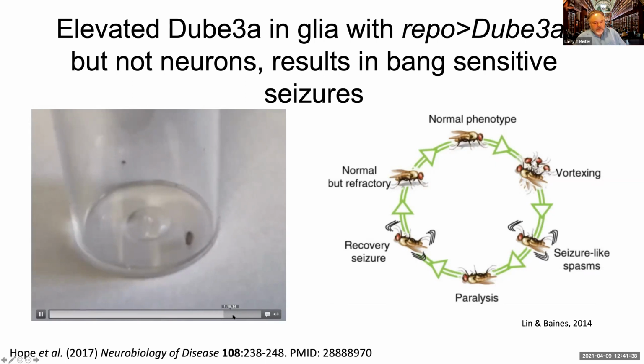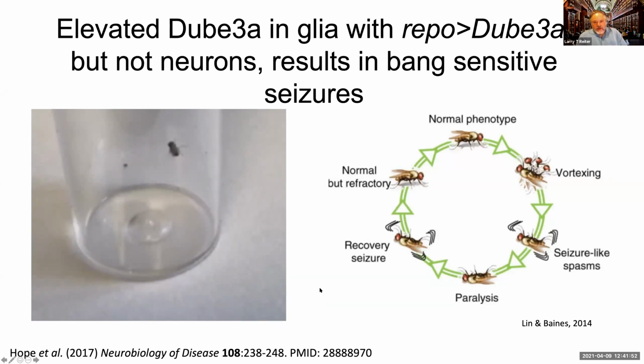We'll just speed that up. He's almost there. And there he goes. So what we measure in the lab is the time it takes for those flies to start climbing up the wall, and we consider that the end of their seizure recovery period.